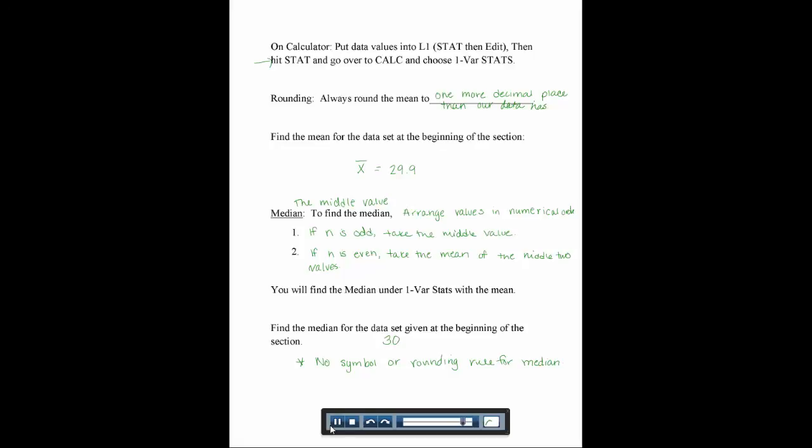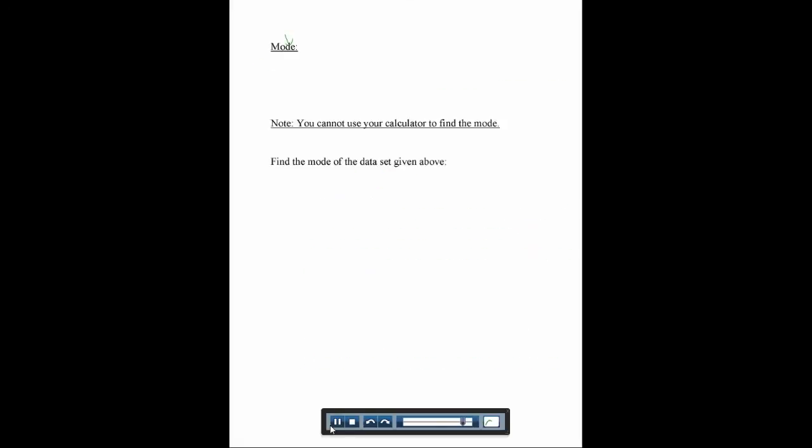One last kind of average is the mode. The mode is the data value, or values if there's more than one of them, that occur the most, so the most often.